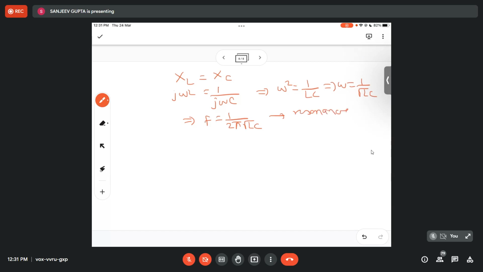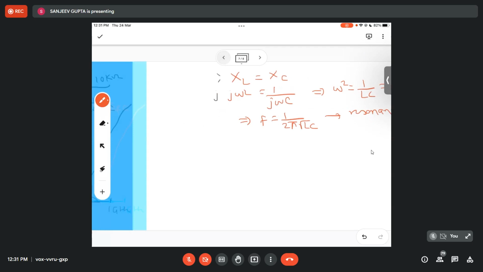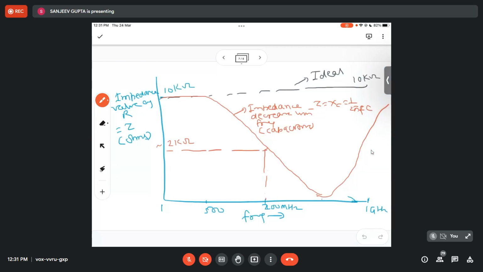So resonance will occur when your inductive reactance becomes equal to the capacitive reactance. As we saw in the previous slide, a point will come where my inductive reactance becomes equal to the capacitive reactance. Here, in the down slope, we found the capacitive effect more dominating and the inductive effect less dominating, and that's why we neglected the inductive reactance in the previous example.